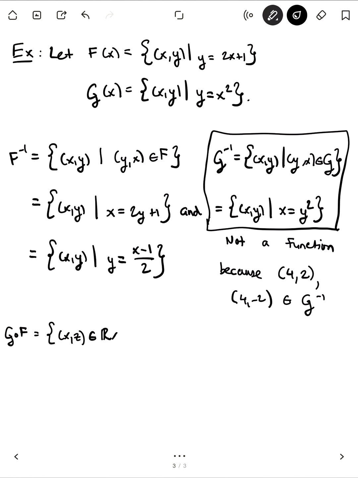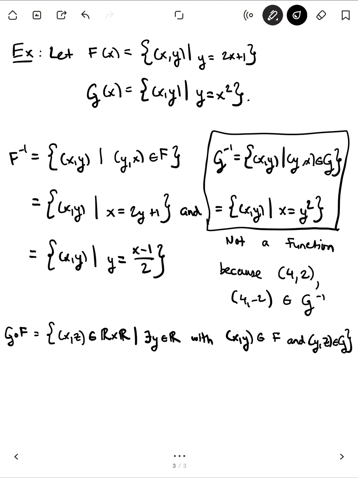This is going to be a subset of R cross R such that there exists a y in R with (x, y) in f and (y, z) in g.